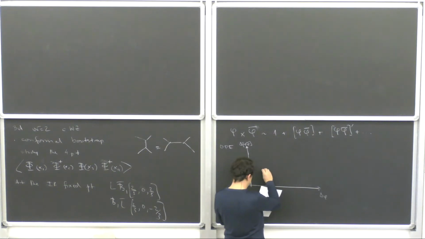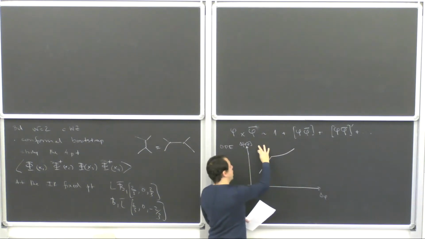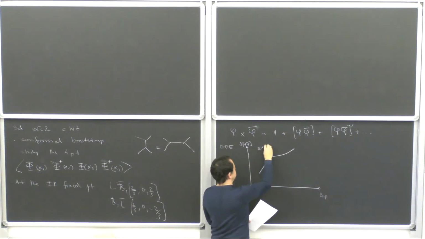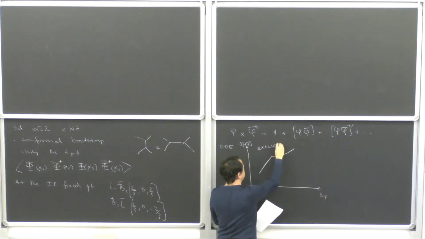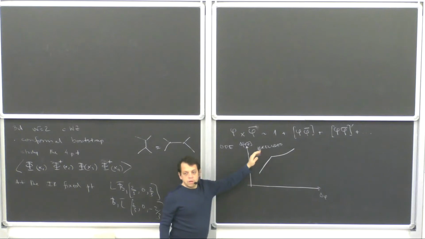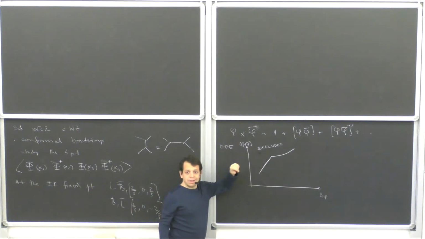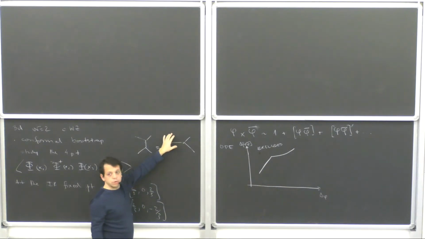So, roughly speaking, in this example, it looks like this. So there's this. So everything above here is not allowed. So this is excluded because the data points here cannot obey this equation, assuming unitarity.